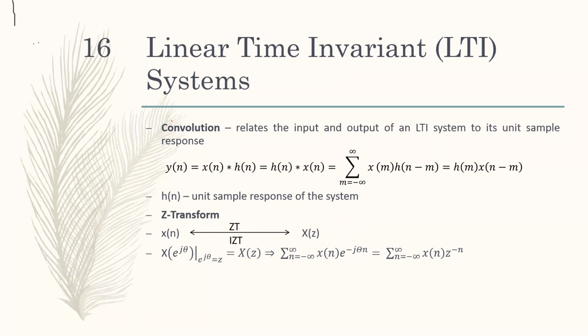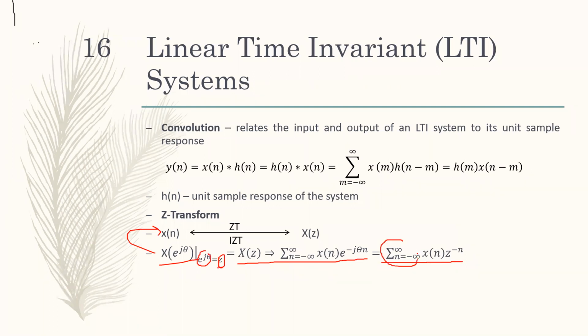Inverse Z transform. Now again, as I discussed previously, if I know the frequency response of this signal, and if I substitute e raised to j theta in that equation equal to Z, then I'll be getting this overall equation, which will be the Z transform equation.